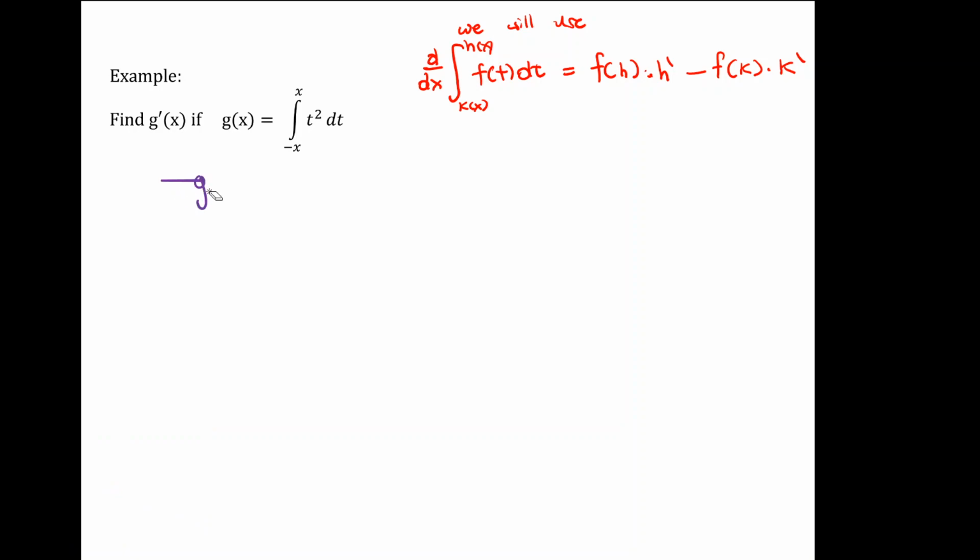So again, we start by taking the derivative since we're after g prime. G prime is the derivative of the right hand side, d by dx integral from negative x to x of t squared dt.